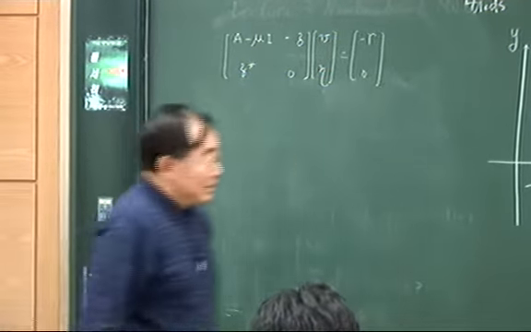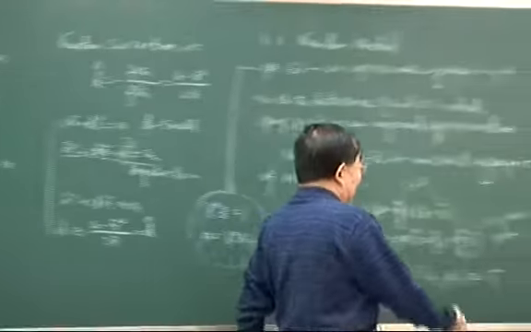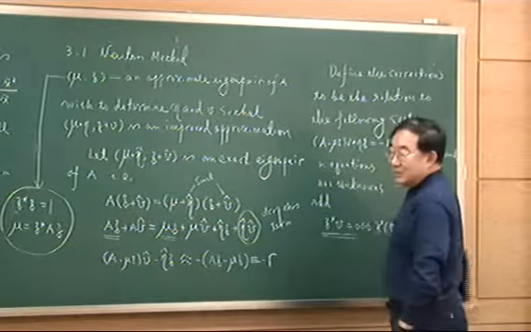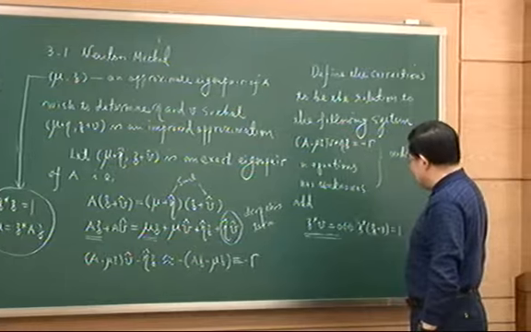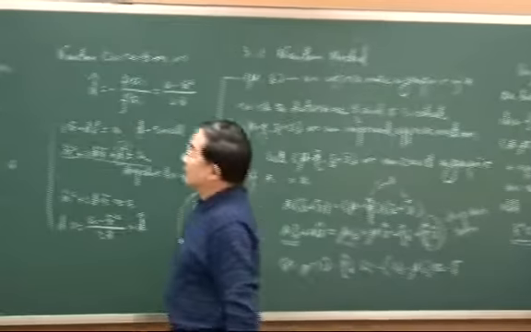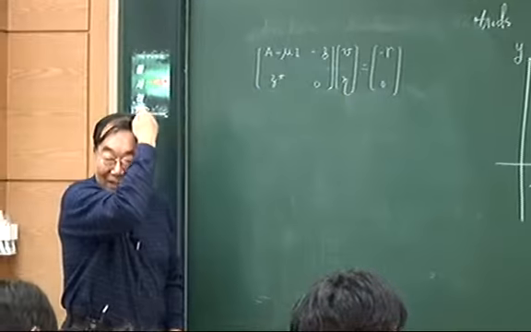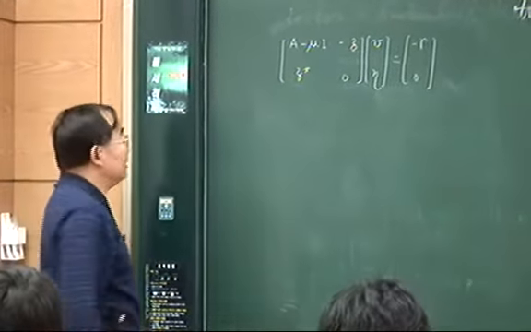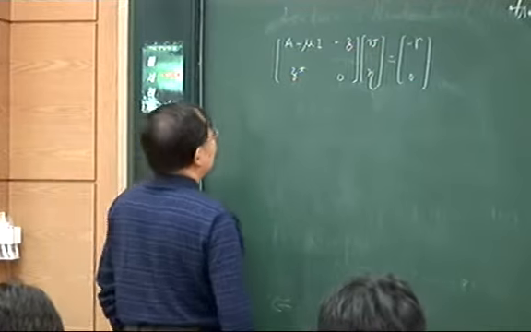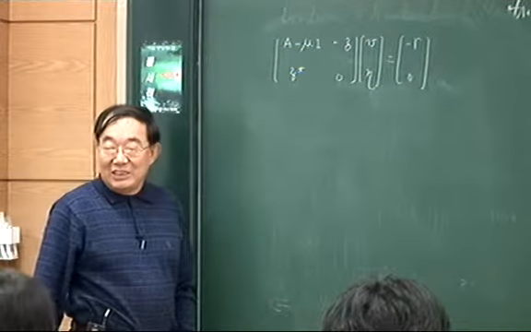In matrix form, it's just this way. So we can solve this system to get the solution. How to solve it? Just use the Gauss elimination.